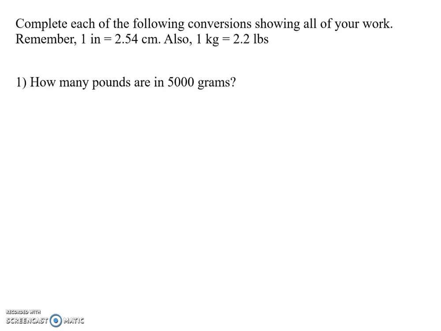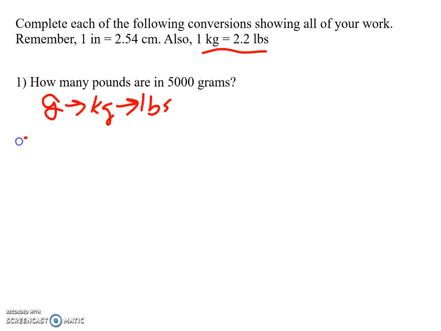So to go from grams to pounds, I have to use the second conversion. I know that I need to go from grams to kilograms, and from kilograms I can go to pounds.